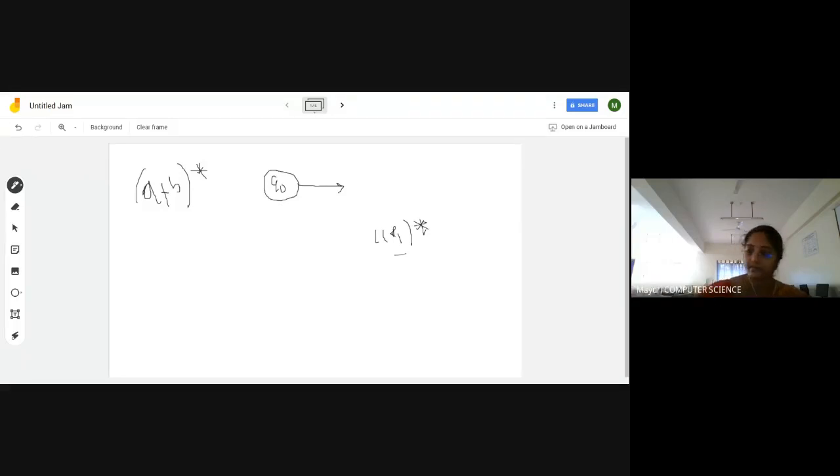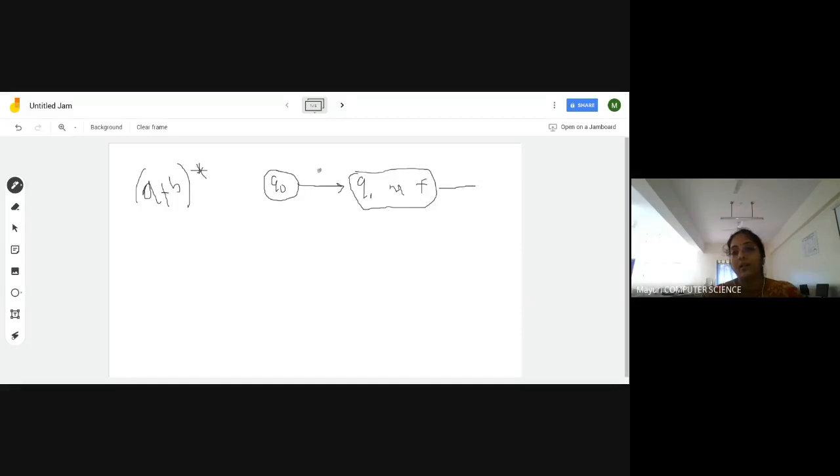Q naught, as usual, then Q1, M, and then F. So this is the state. This is the state.